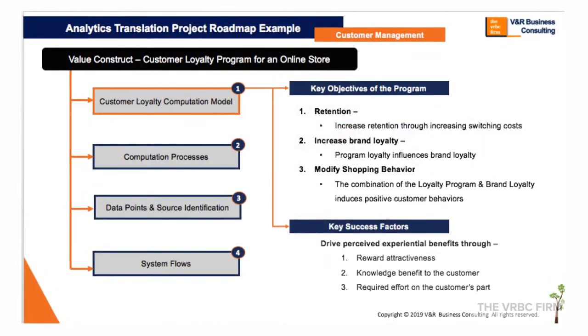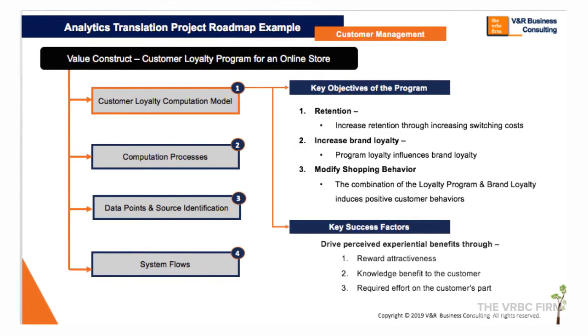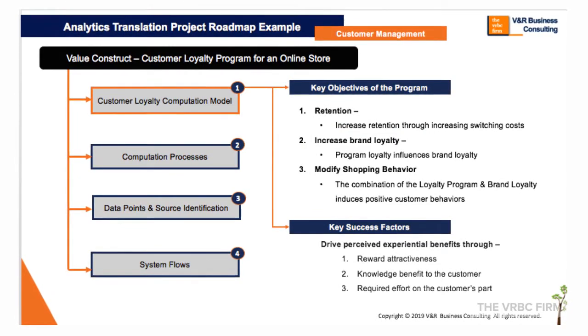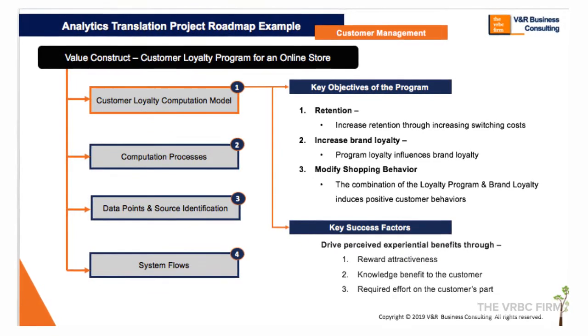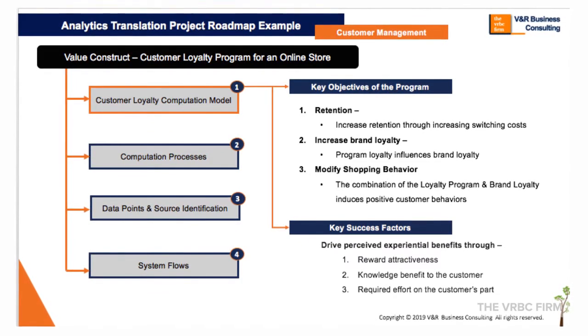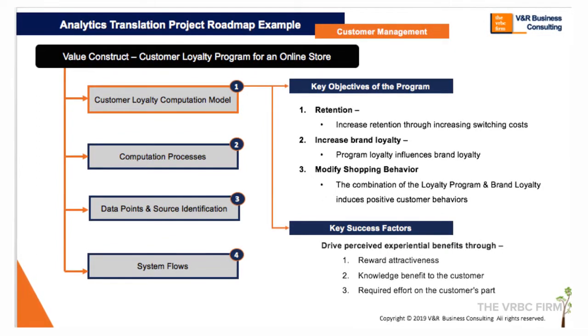So let's say the business case requires the business to invest X amount of money on building the loyalty program computation engine into its data ecosystem. On top of that, the KPI of reward attractiveness requires that the business absorb Y amount of cost in order to give Z amount of money to customers in the form of rewards.